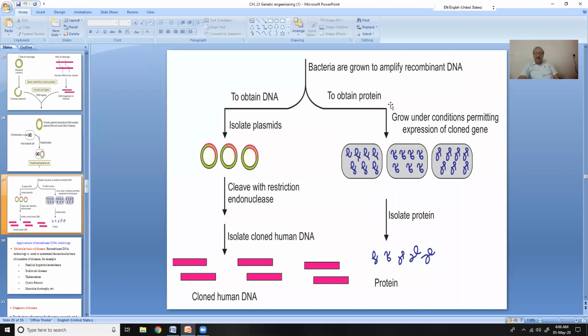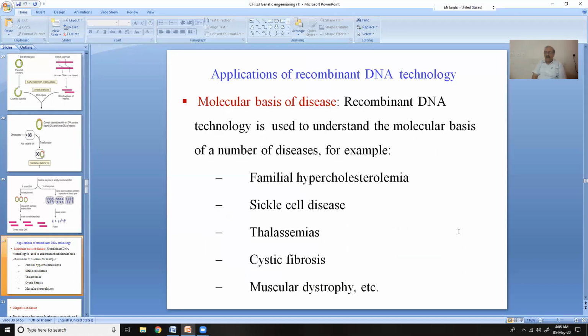To obtain DNA, isolate plasmids, which are now replicated, then cleave with restriction endonuclease and you can isolate the cloned human DNA. To get protein, grow under conditions permitting expression of the cloned genes, allowing transcription and translation, and we get protein. These are the applications of recombinant DNA technology.